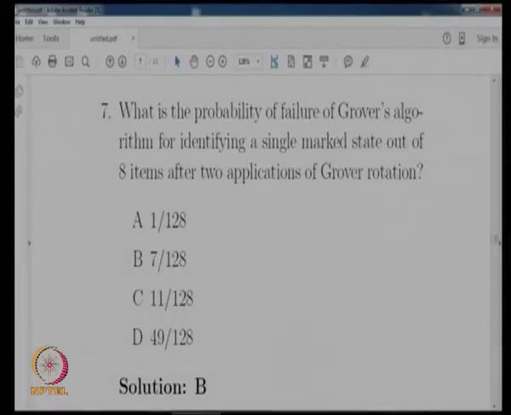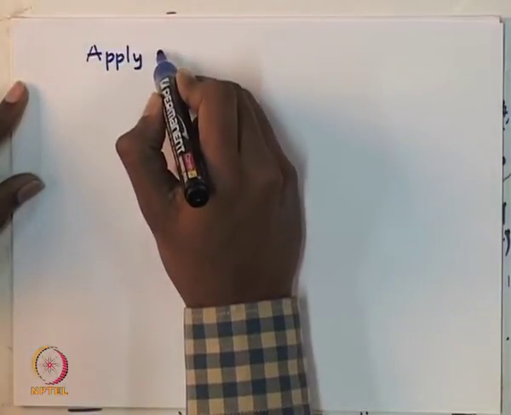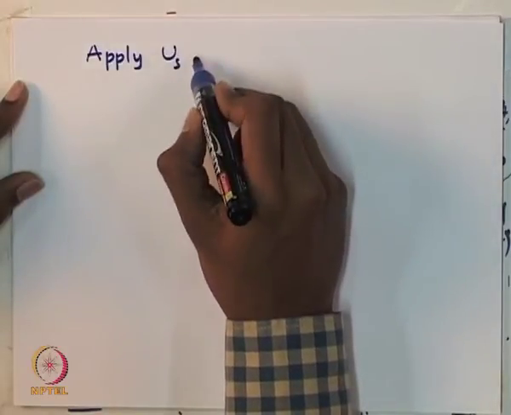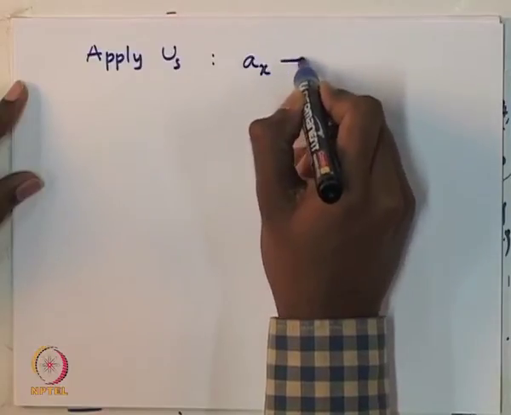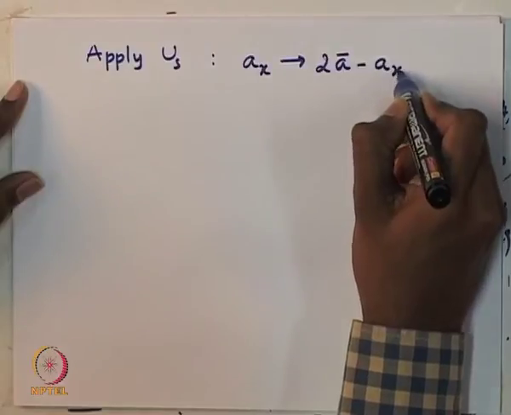Now, after application of UW, we apply US on the resultant state. Applying US means AX transforms to 2 times A bar minus AX.